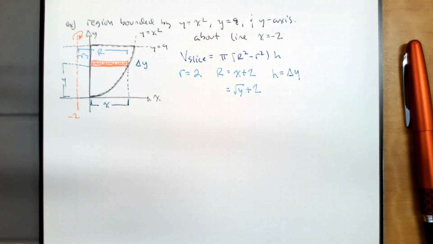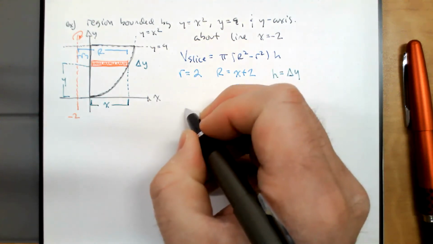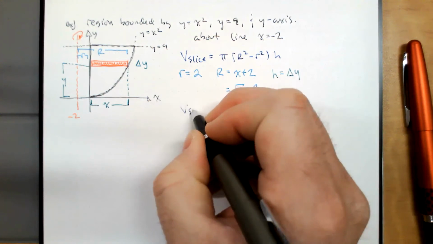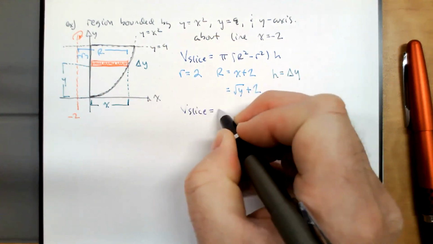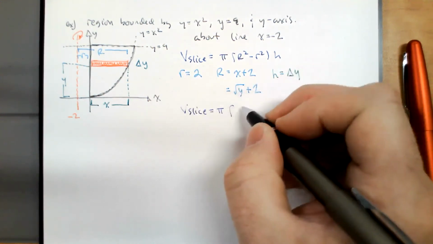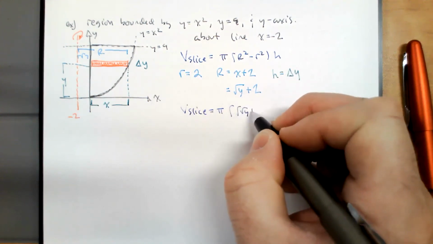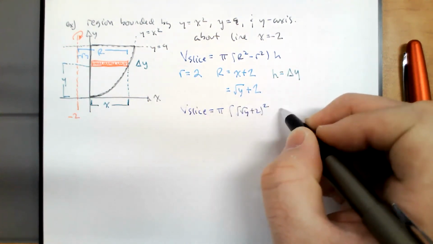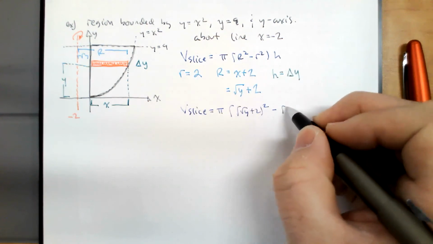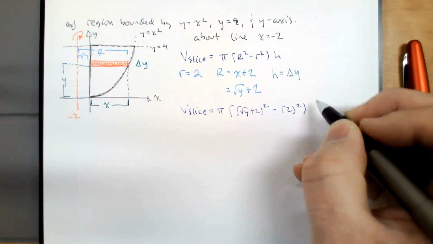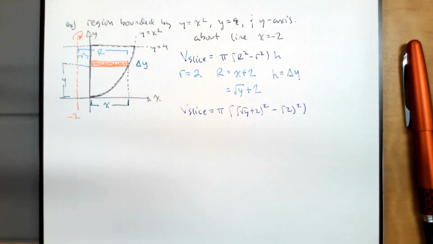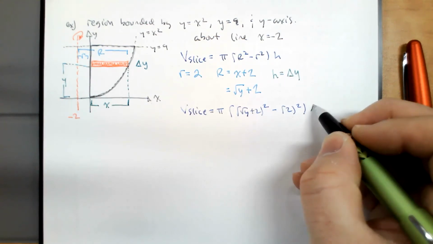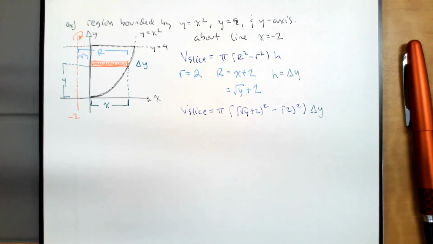So the volume of the slice is going to be pi times big R squared, which is square root of y plus 2 squared, minus little r squared, 2 squared, times h, which is delta y.